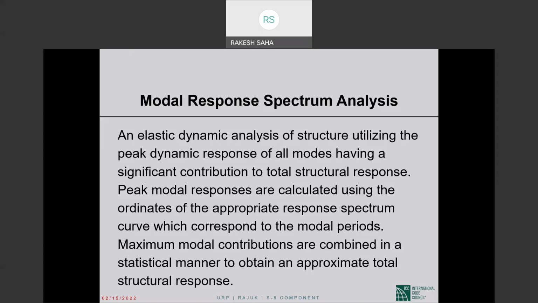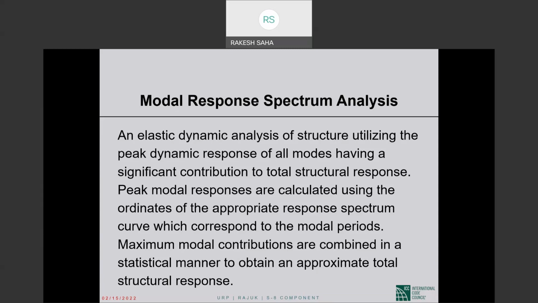Peak modal responses are calculated using the ordinates of the appropriate response spectrum curve, which correspond to the modal periods. So you have modal periods, you go to your spectrum, and you see the response quantity, spectral acceleration, spectral velocity, whatever.